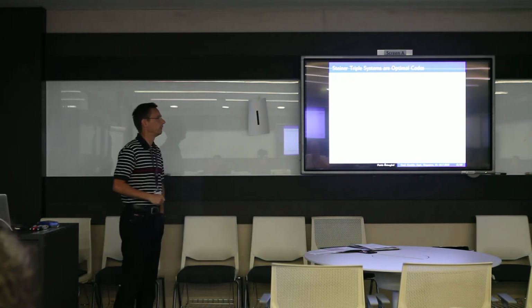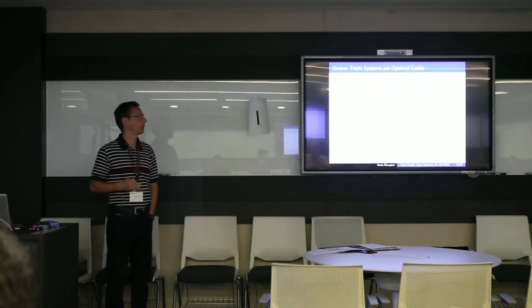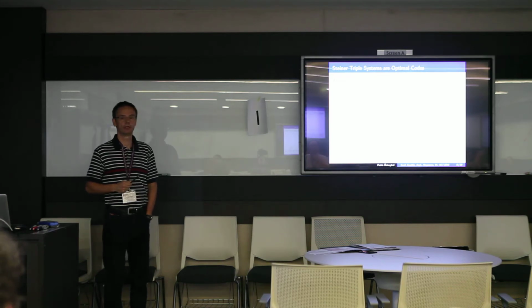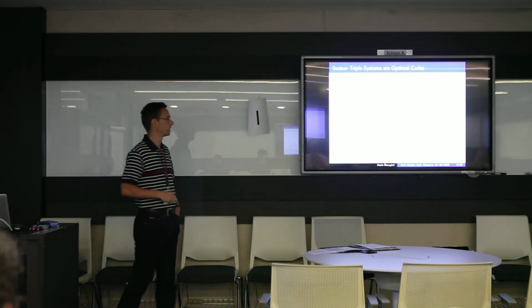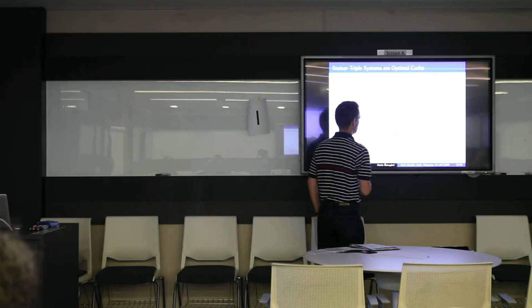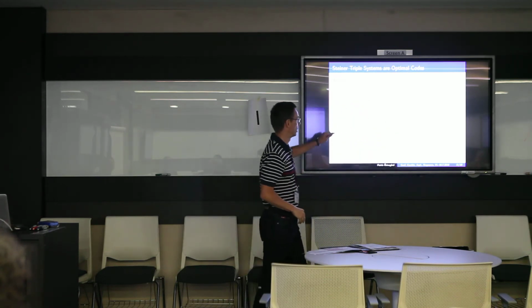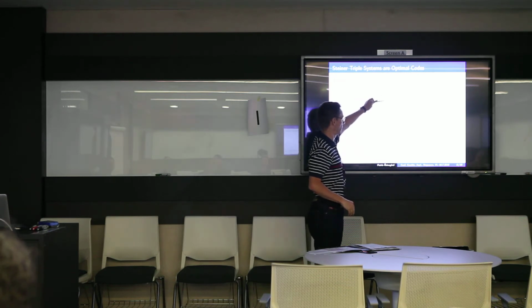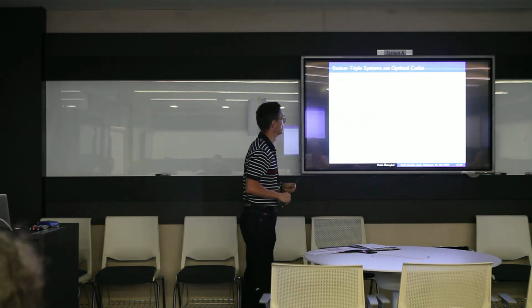So if you start from Steiner triple systems, they can be looked at as constant weight codes, and you can do it looking at the columns as code words, but I'll not do that. I'll look at the rows as code words.